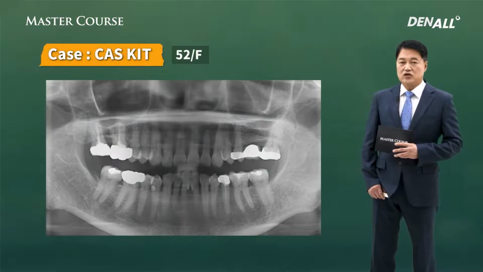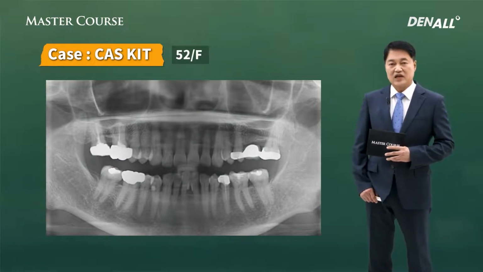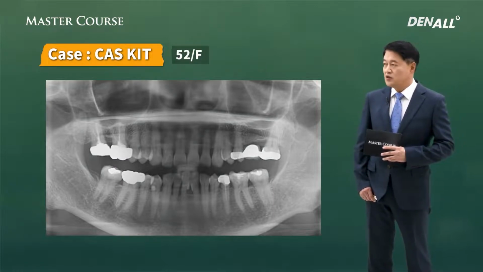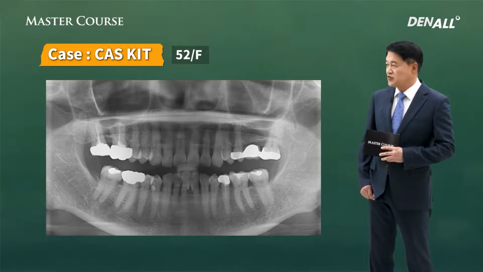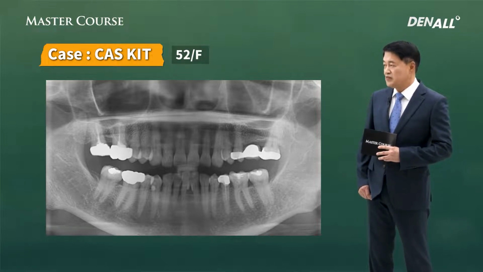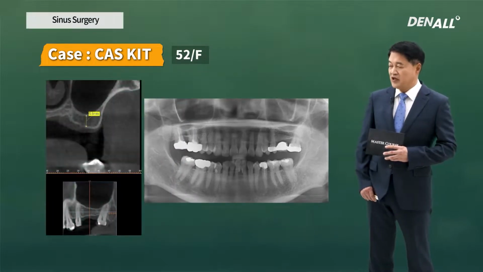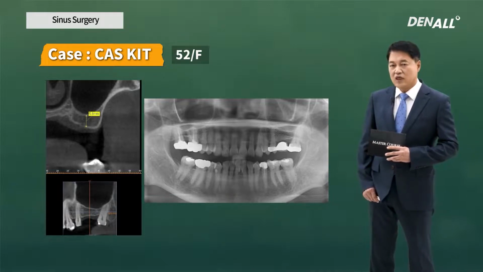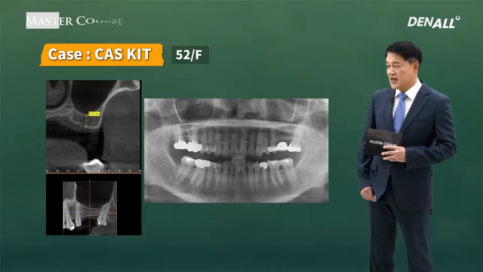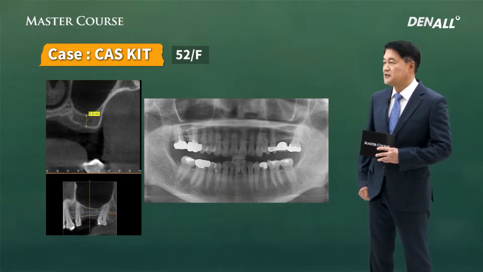This is a case where sinus lift was done using the CAS kit. 52 years old female patient, and a 26 implant was to be placed. If you take a CT, it's 5.8 millimeter. Sinus graft was unnecessary at this point, so I chose a crestal approach using the CAS kit.